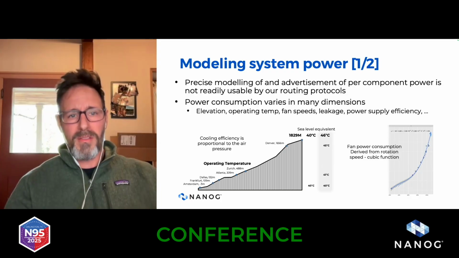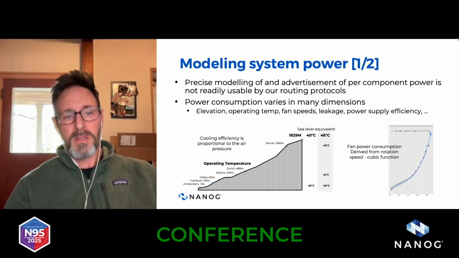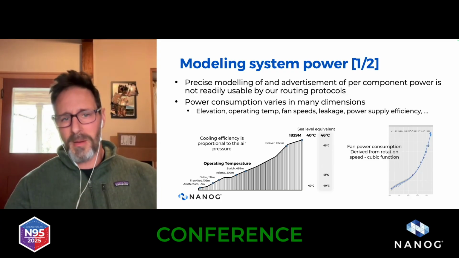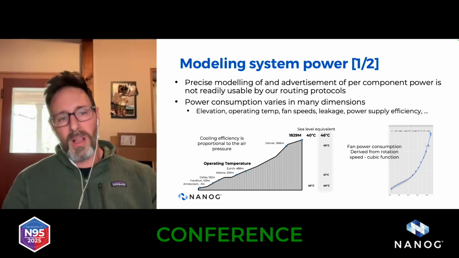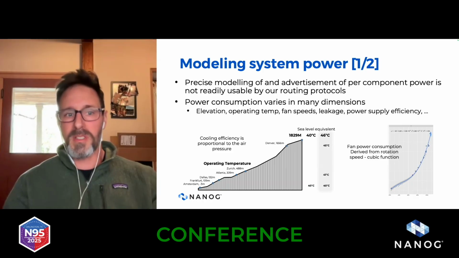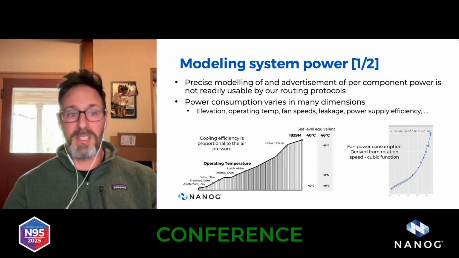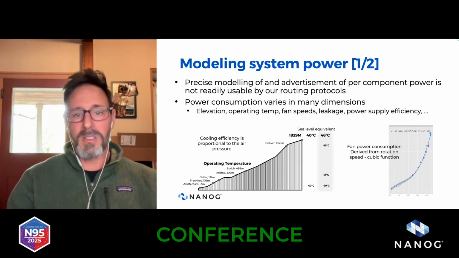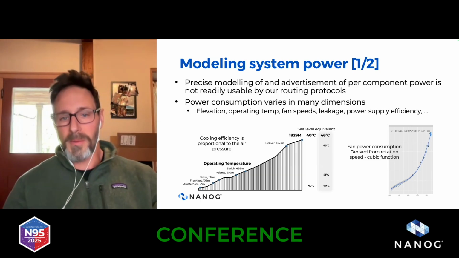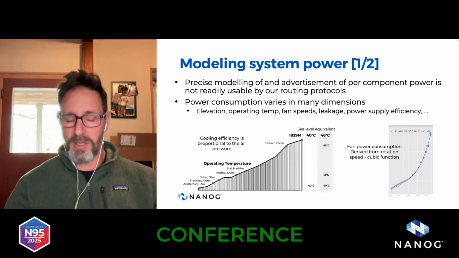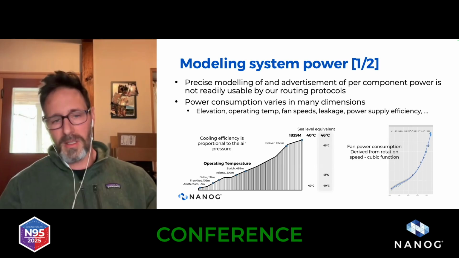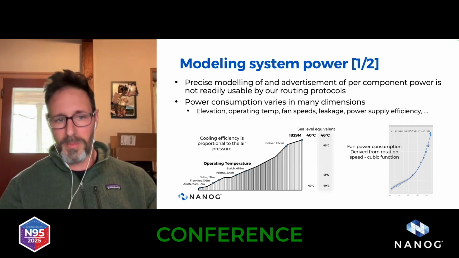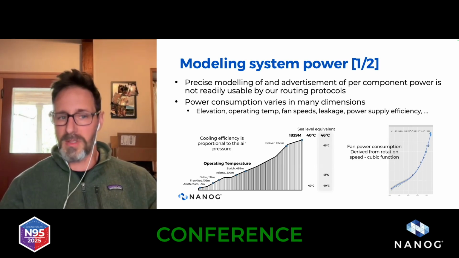And that's because it varies in so many dimensions. As I mentioned in the previous slide about the nonlinearities, the same systems operating at different temperatures, at different elevations, and different cost optimizations all have different power consumption models and behaviors. These are attempting to depict two of these things in the diagrams at the bottom of the slide.